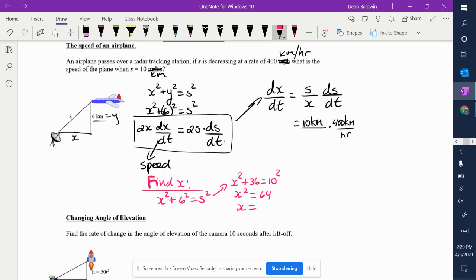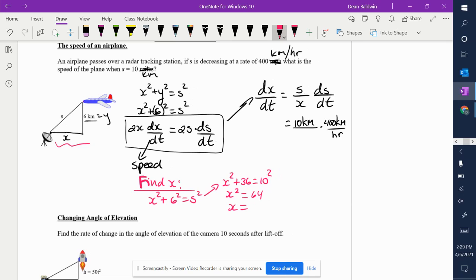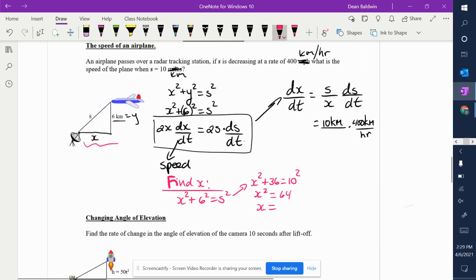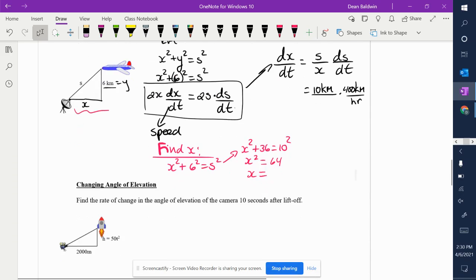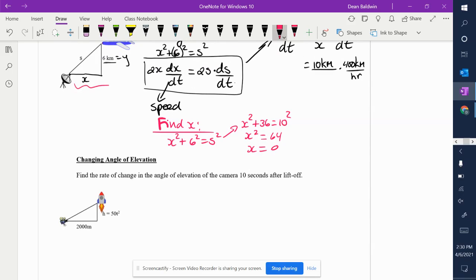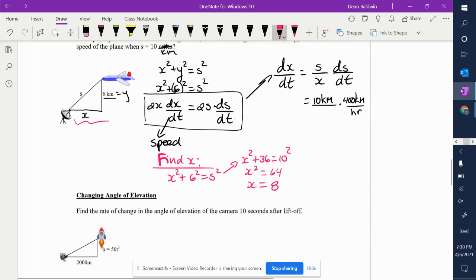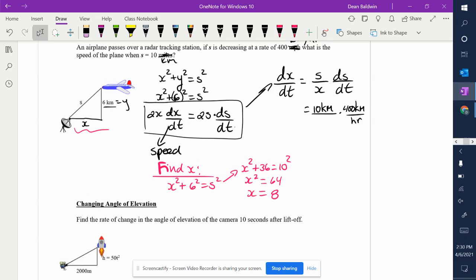Yeah, but what is x measuring? X is measuring the distance here, right? So you're not going to have a negative. I mean, you could technically because it doesn't change the answer, except for positive or negative, which is a physics thing, right? But you don't want the negative distance, right? So we're just going to use 8. So x is 8. Plug that into your formula. It's 8 kilometers. I guess I should be more accurate.